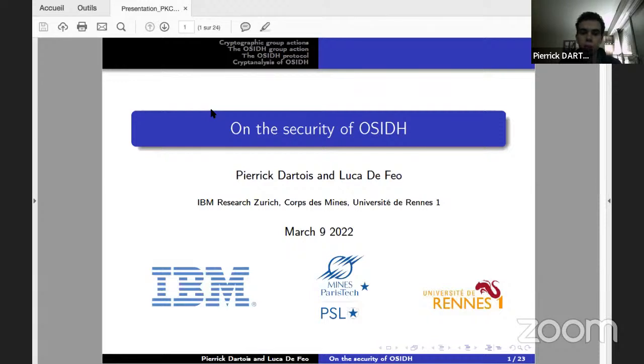Meaning that if you have X and Y that you know in the group action space and a group element relating them that is unknown, G, then G is hard to find. So with this, we can perform a Diffie-Hellman key exchange by fixing a public parameter S0 in the space, and then Alice and Bob will select secret group elements.